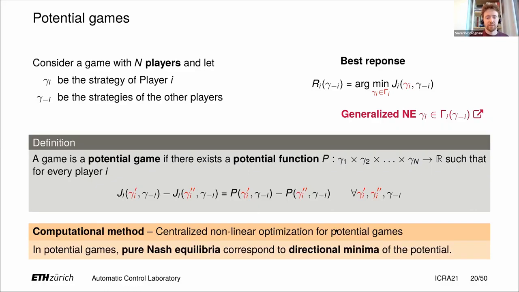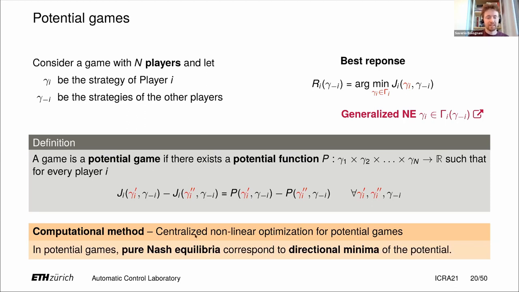I omit the proof, but the proof is by construction. If there's no gamma I second that allows me to increase the potential function once I am at a Nash equilibrium, this means that there is no gamma I prime that player I can use to improve or decrease their cost function.